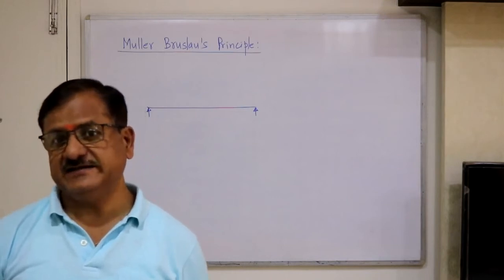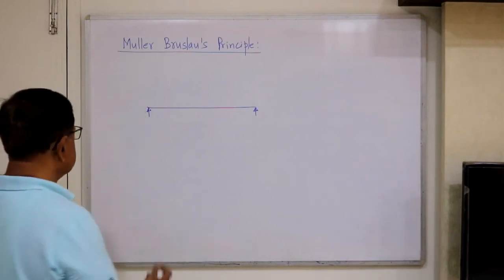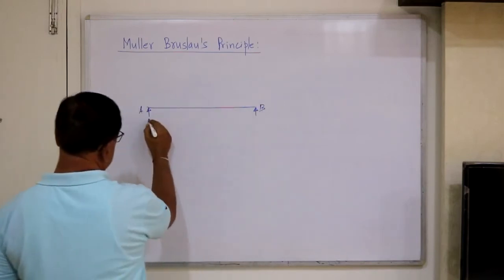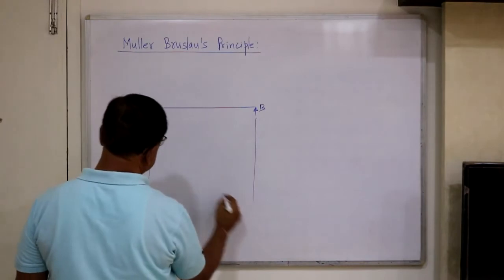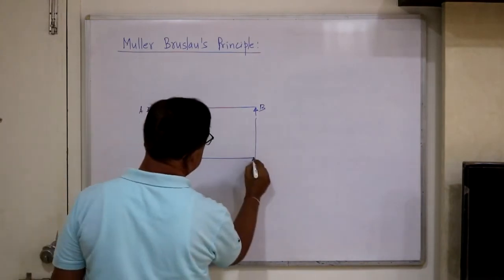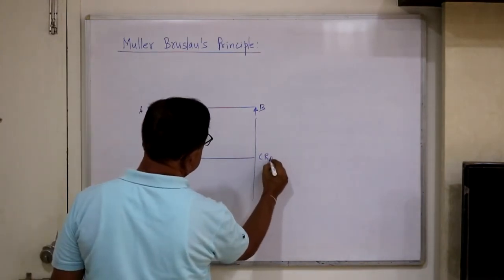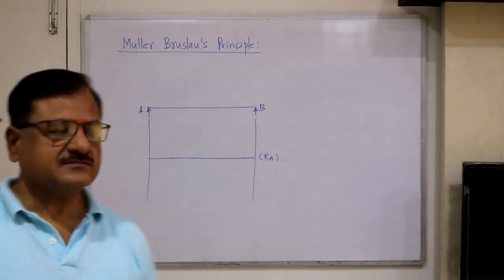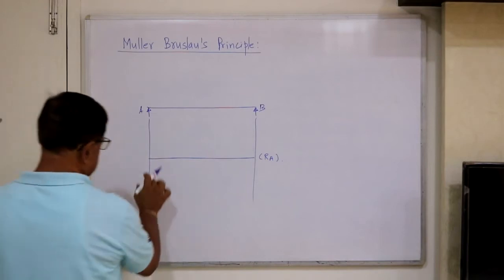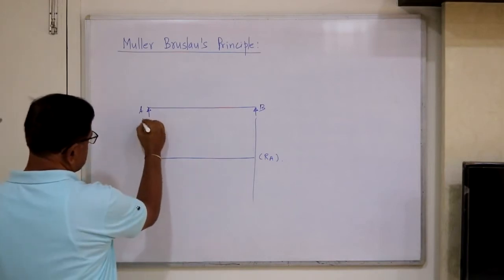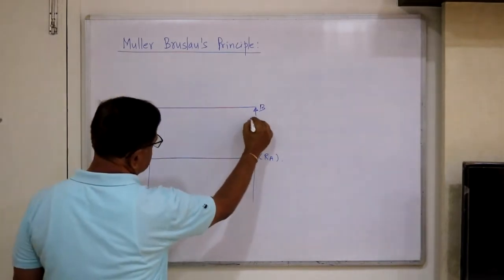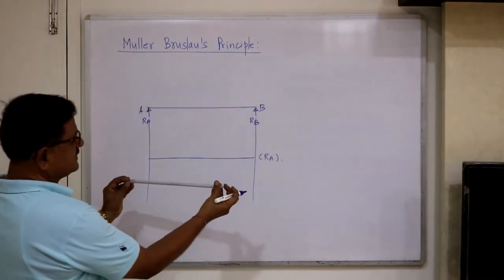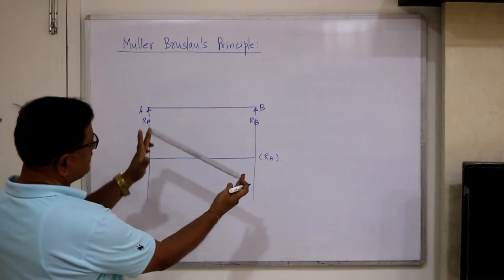itself is the ILD. Suppose this is beam AB, and you want to construct the ILD for RA. Then this reaction RA is to be removed, so it is supported only at B. RA is removed and we just lift this end through unit displacement.